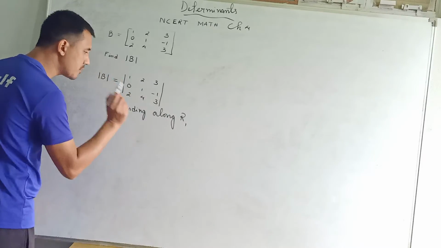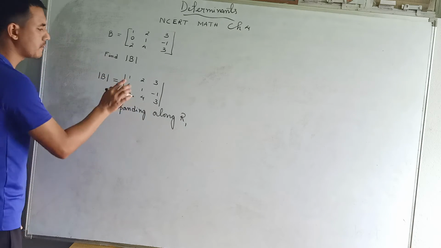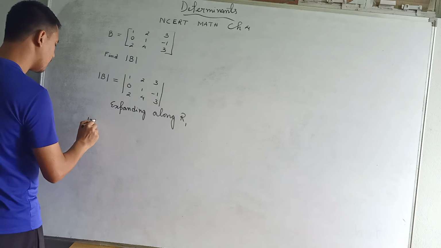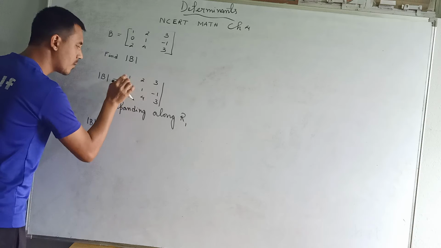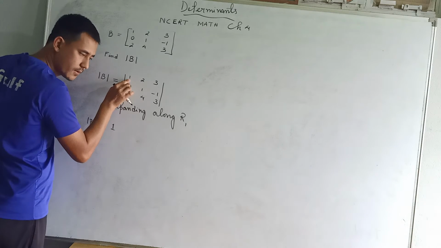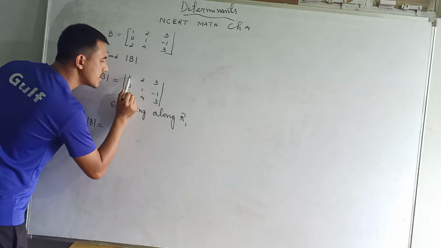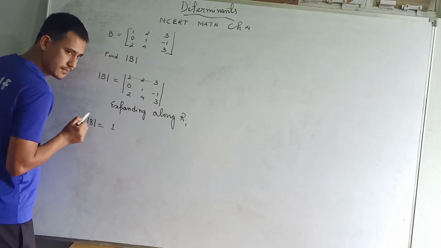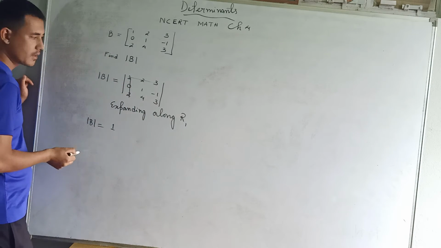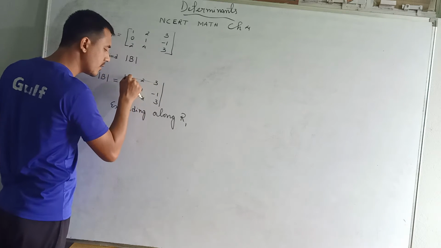What is the first element of R1? 1, right? So the determinant of B will be equal to, the first element of R1 is 1. When you consider this element, it belongs to the first row and first column.